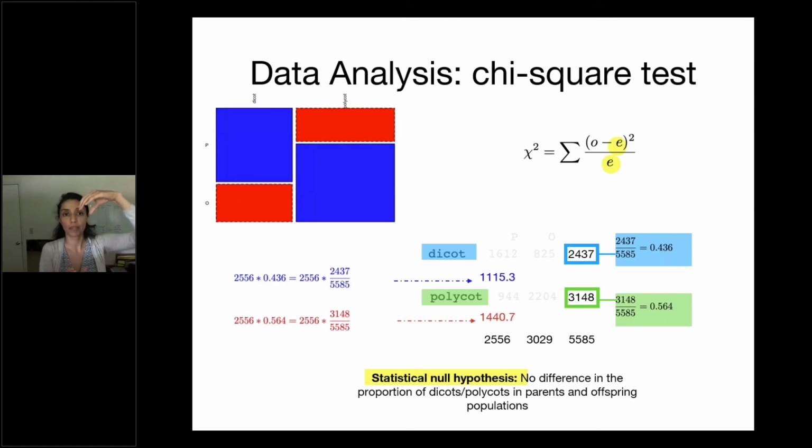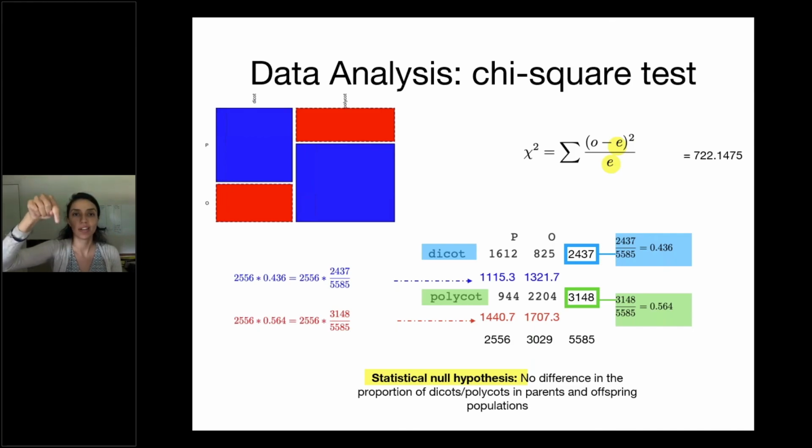And then we do the same for the polycots. So for that parent population, we would expect roughly 56% to be polycots under the null hypothesis. And then we fill in the expected values for the offspring as well. And then we compare to what we are actually observing. So just repeating this one last time, we would expect to see no differences. We calculate those expected values and input them in our formula for the chi-square, which will give us a gigantic number.